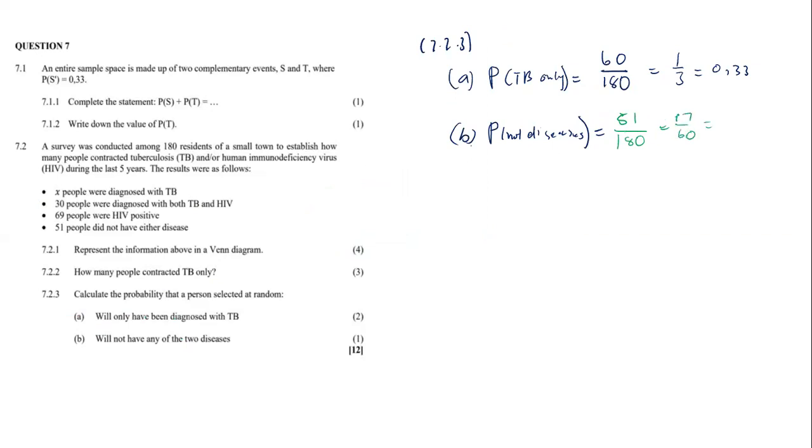Decimally, that corresponds to 0.28 to 2 decimal places. So this is the chance of us randomly selecting people who do not have either tuberculosis or HIV. I hope that was clear.